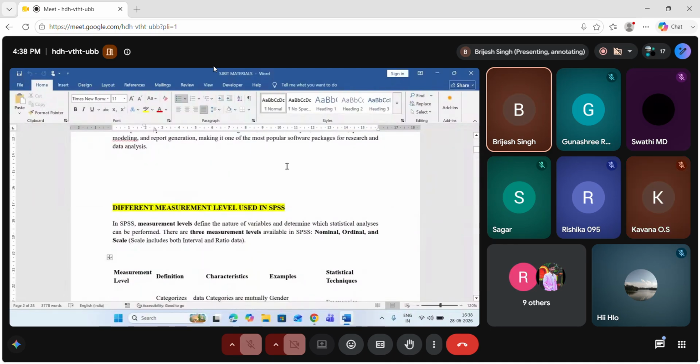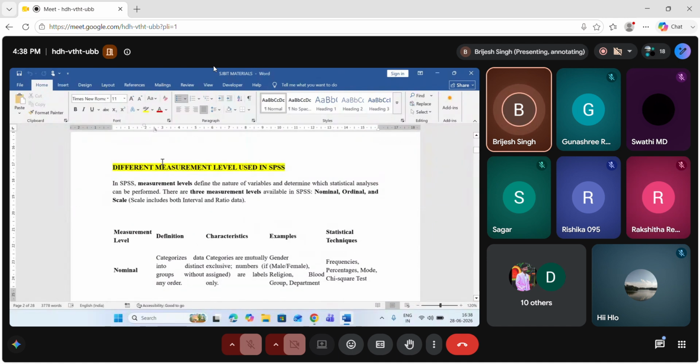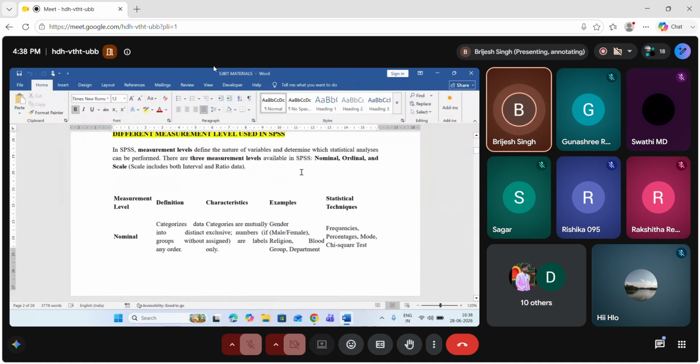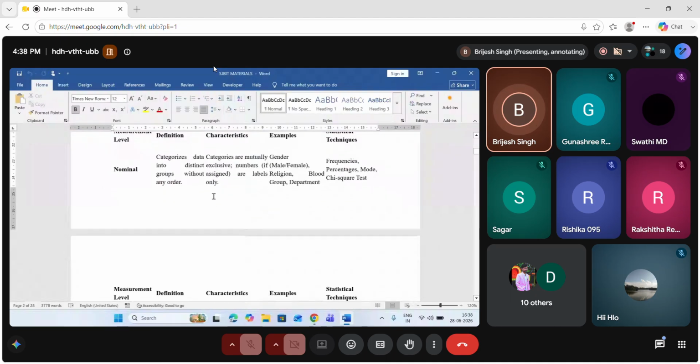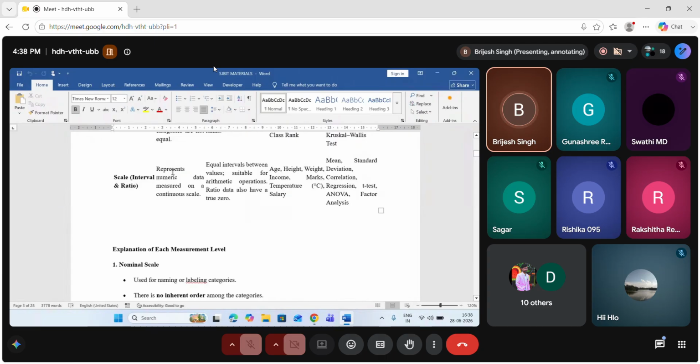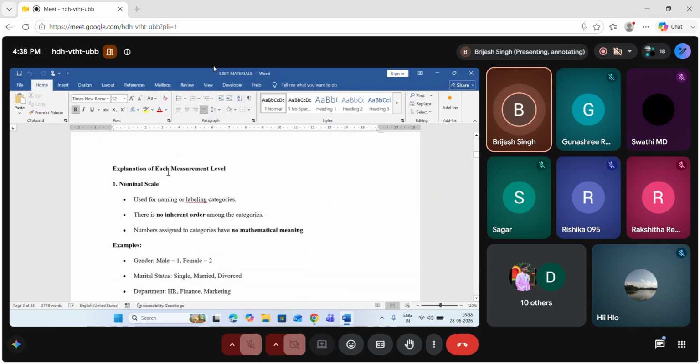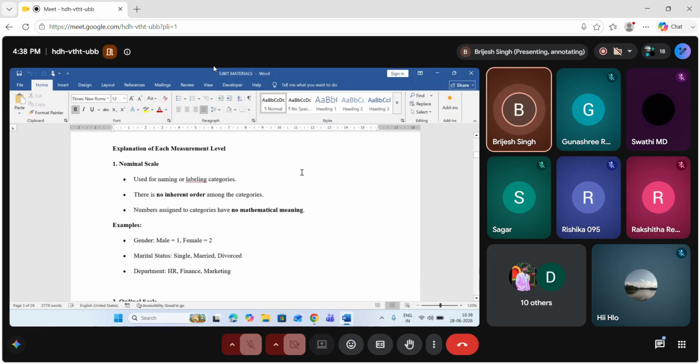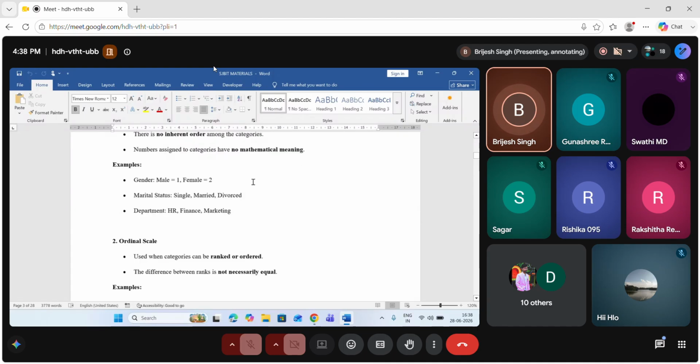Then the different measurement levels used in SPSS. As we have already discussed, there are three different varieties: nominal, ordinal, and scale, that is interval or ratio. Nominal means you are trying to define the name of the variable. Here we don't use any kind of mathematical meaning. For example, for male we write 1, for female we define 2; marital status, that is single, widow, married, unmarried; department wise.